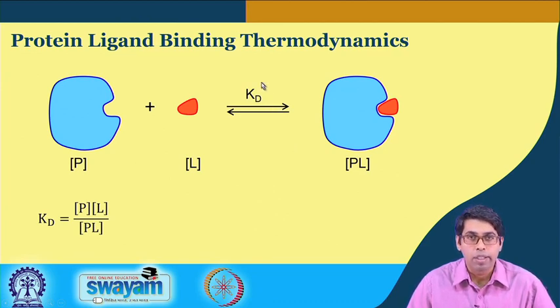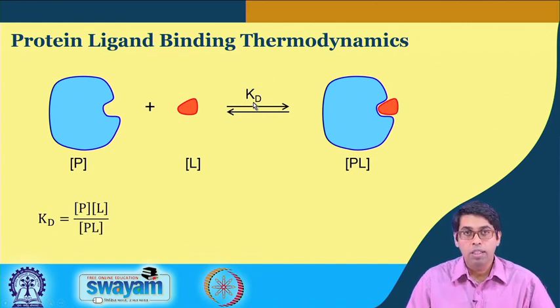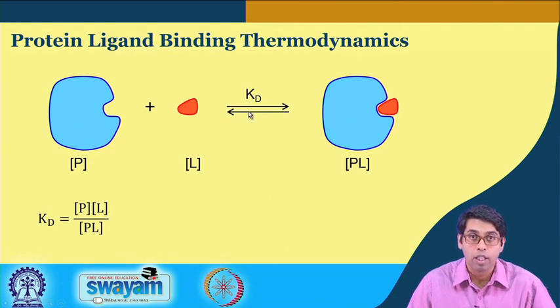The equilibrium constant is a thermodynamic parameter, and you will notice that thermodynamic parameters are written in uppercase letters. So, Kd, or the dissociation constant, gives you the equilibrium constant of this reaction, and it is given by the free protein concentration multiplied by the free ligand concentration divided by the concentration of the protein ligand complex.